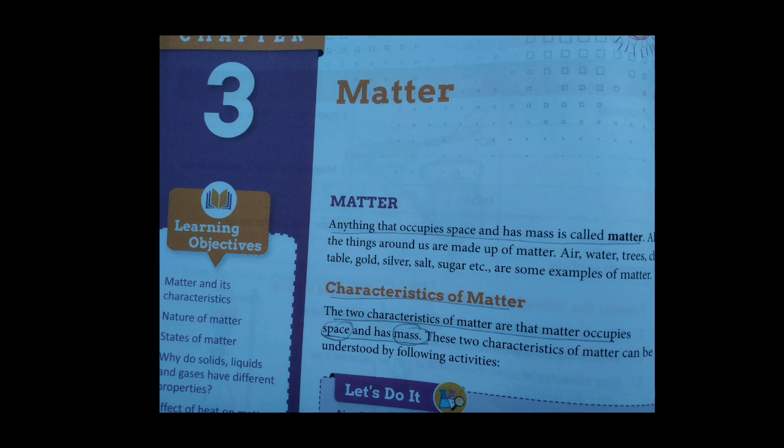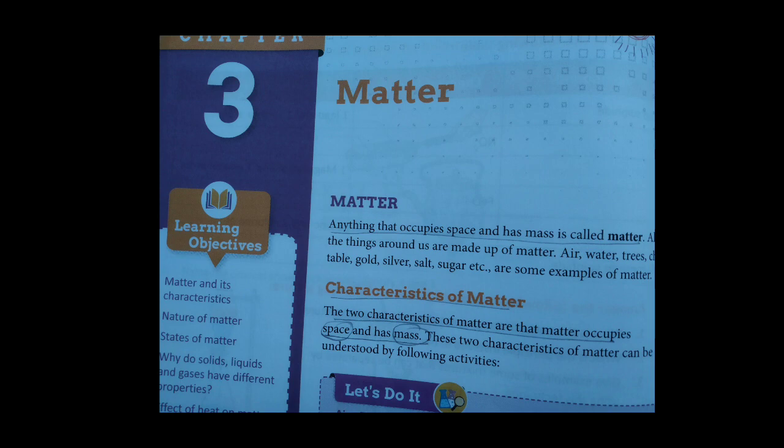Air is also a matter, water is also a matter, tree, table, gold, silver, salt, sugar. Okay, this is the definition given in your book. But no need of writing only these. You can apply your brain and whatever you see around you, a bottle, a glass, a pot, all are matter. And you can write it as an example of matter.